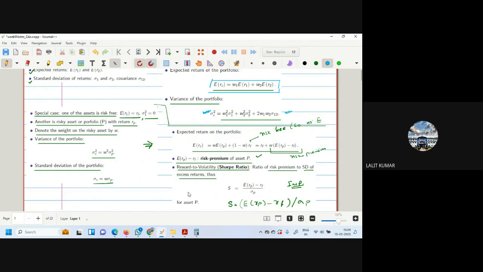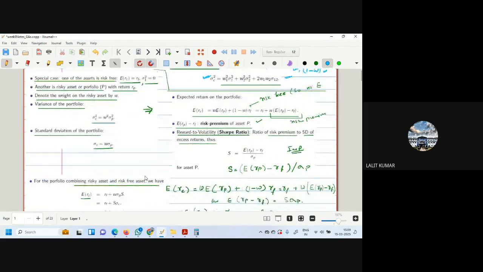And we also know that weight 1 plus weight 2 is 1, so by putting W and 1 minus W, we can find the expected return. When we put W into ERP plus 1 minus W, we get a linear equation.